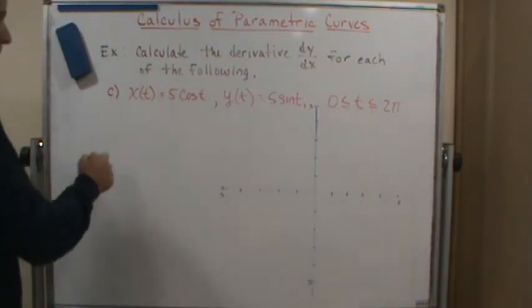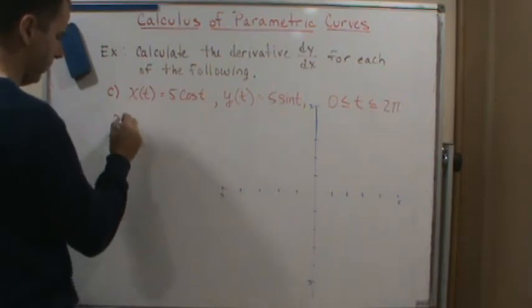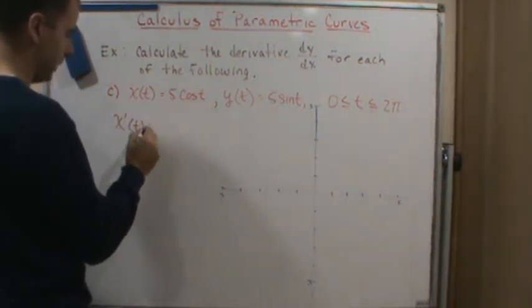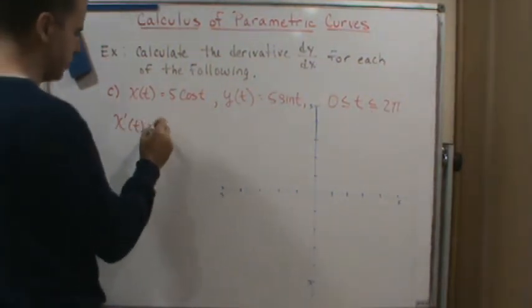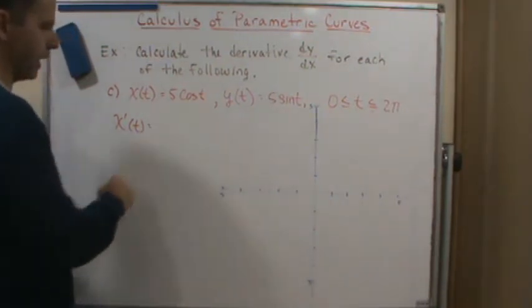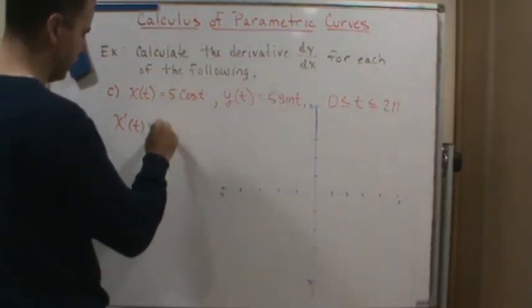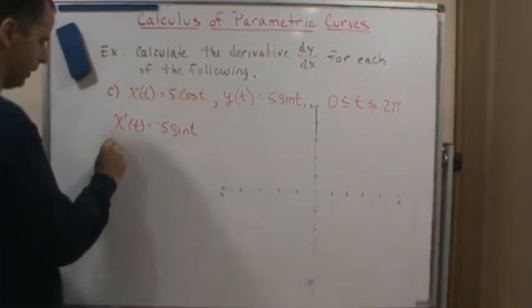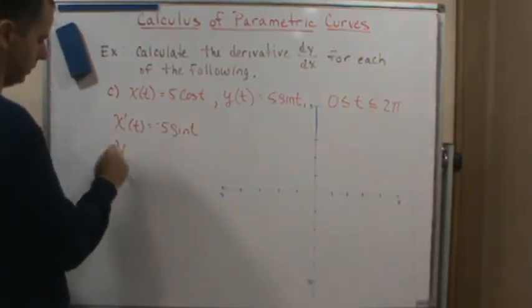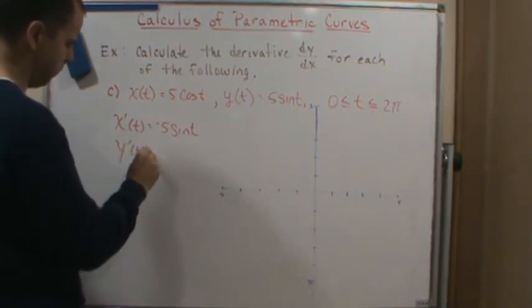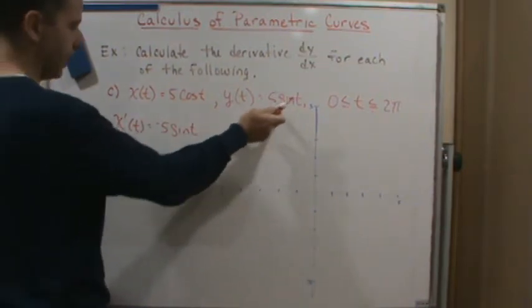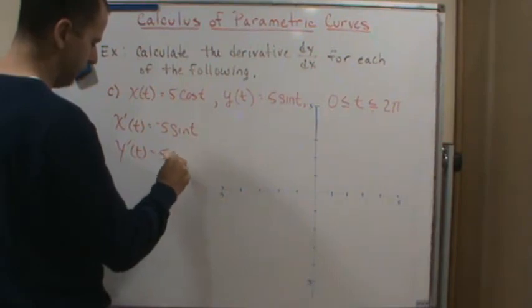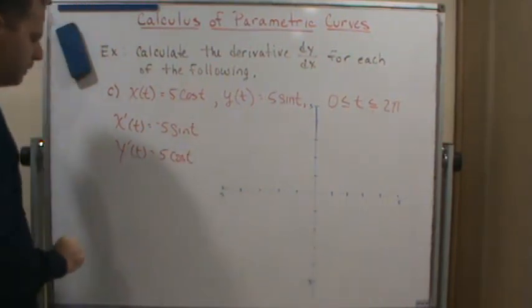So what we need to do is find x prime of t. So x prime of t is going to be what? The derivative of cosine is negative sine, so it's going to be negative 5 sine t. And then y prime of t, the derivative of sine is cosine, so this is going to be 5 cosine t.